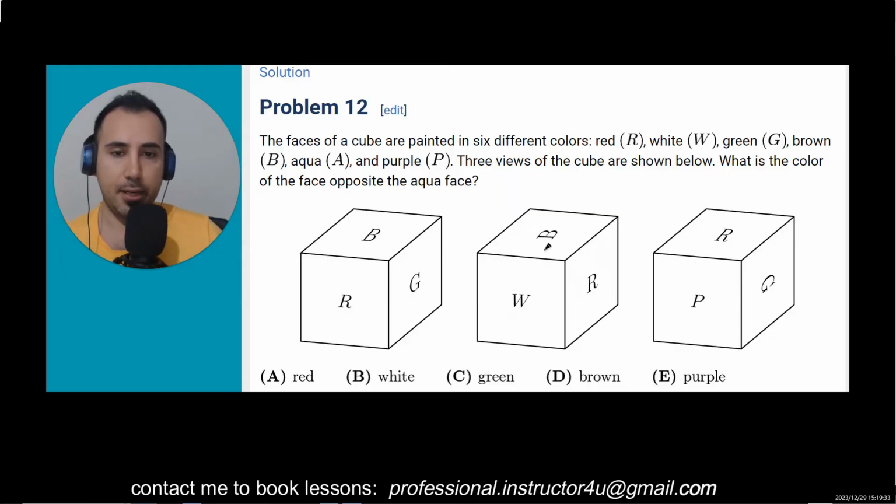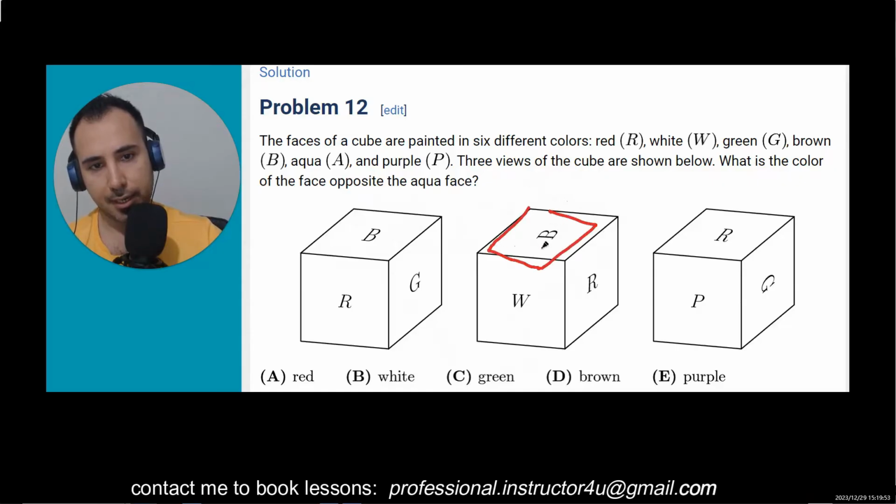Now, by comparison of these B's together, if I want to turn this B into this B, how should I rotate this? I should focus on this face and rotate it on the same plane 90 degrees.